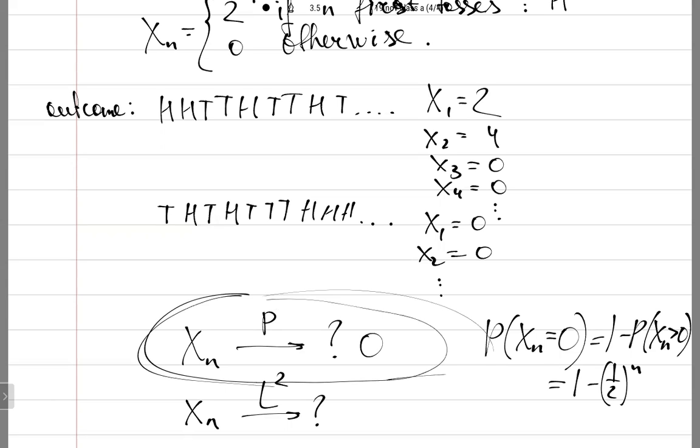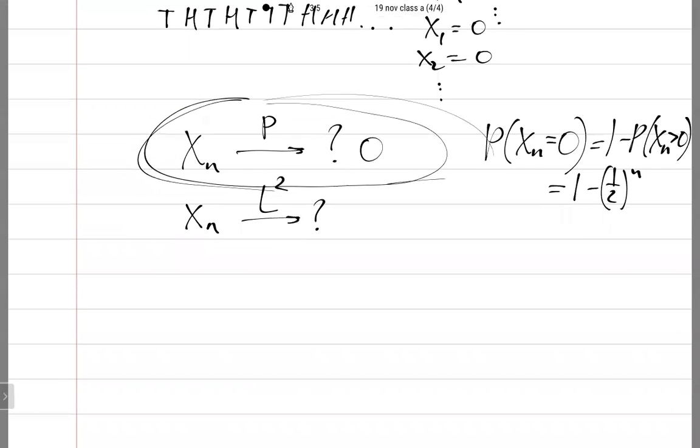The formal definition from the second year probability course is that the probability that xn minus the limit is greater than epsilon should tend to 0. In our case, that's satisfied.